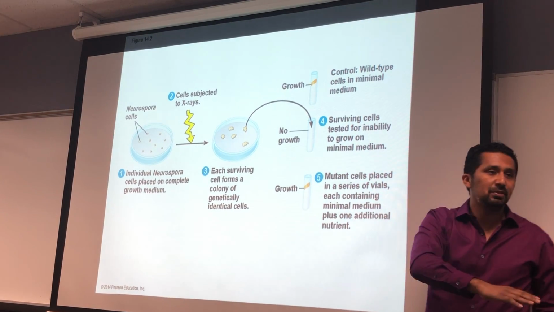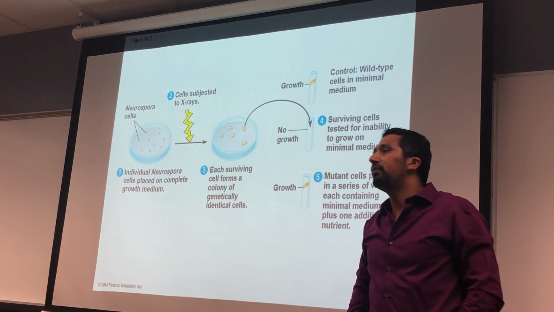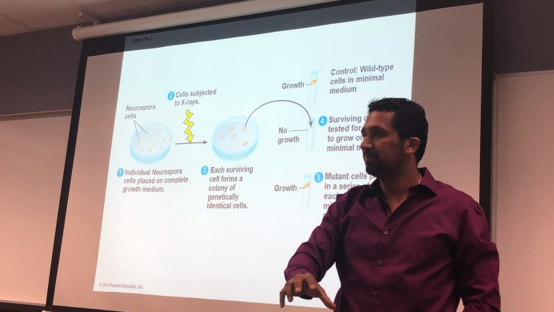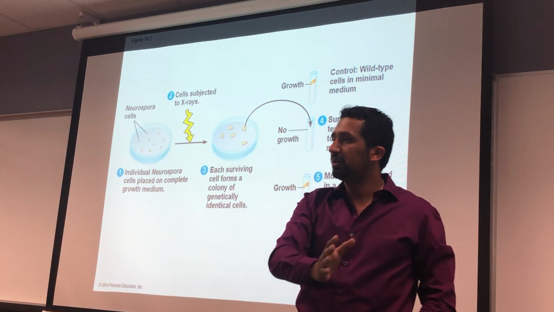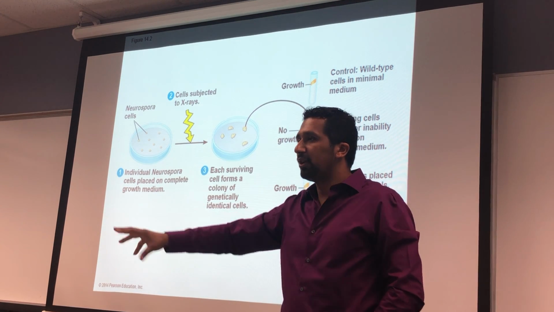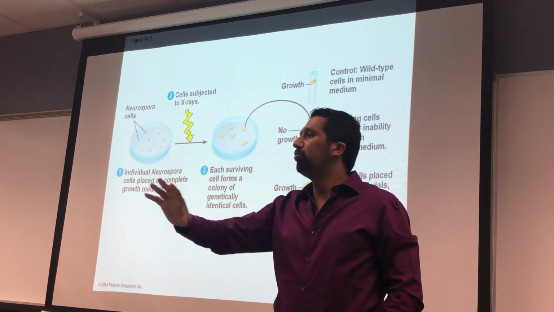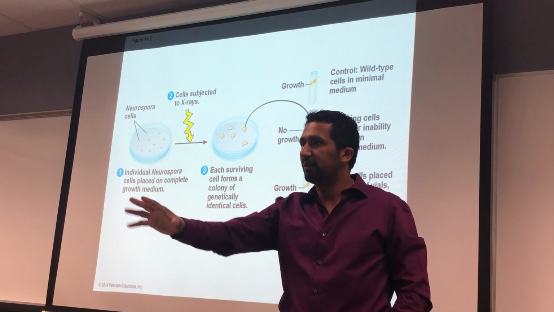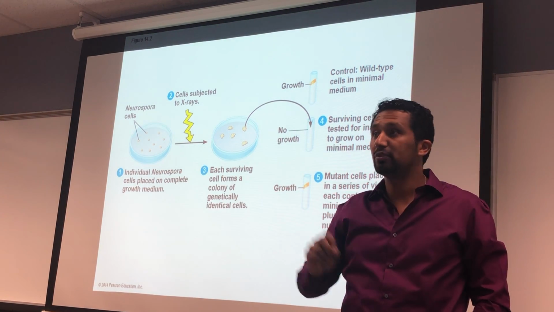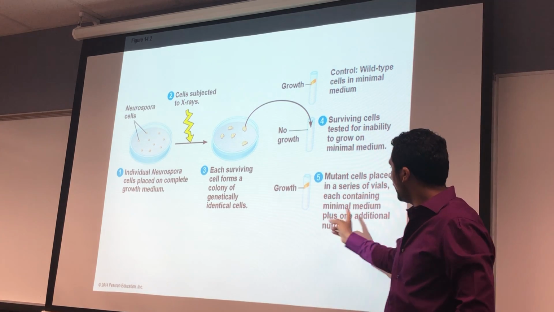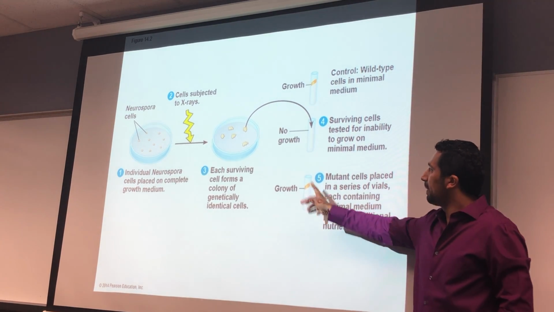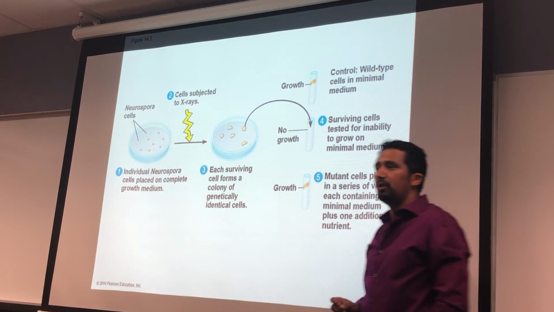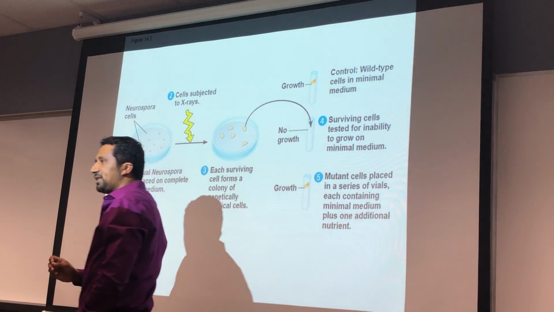You bypass the need for that particular faulty enzyme because now you're adding its product. That organism is no longer going to die because of that faulty enzyme. I don't need it, I have the nutrient it is supposed to produce. If you add that nutrient in the media for these mutant cells, they grow. That's how they developed this one gene, one enzyme hypothesis.